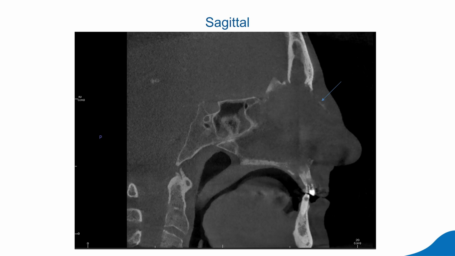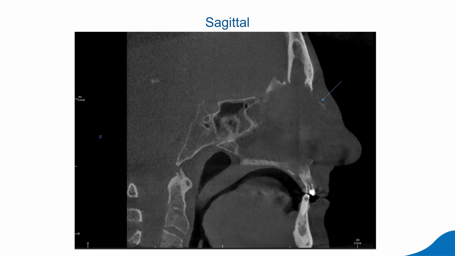And you can see here on that sagittal reconstruction that there is a thickening, of course, within the nasal cavity. You can really appreciate that the floor of the nose is disrupted. If you look at the anterior half of the hard palate, you can see that there are erosive changes and there is no periosteal reaction there.